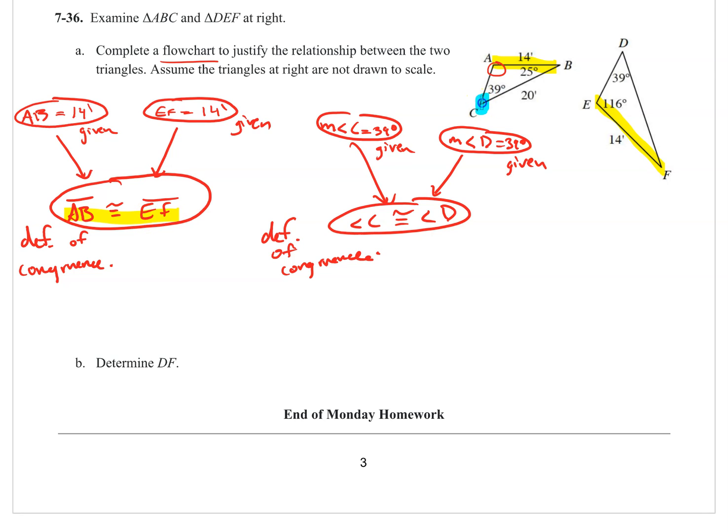We've said that angle C and angle D are congruent. So then the last thing I want to show is angle E and angle A are congruent. If I do that, check out what I have. These two angles are congruent. These two angles are congruent. And these two sides are congruent. That's AAS.